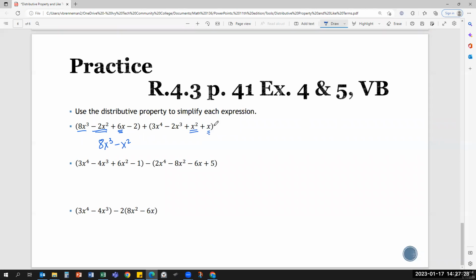And I lied back there, there is another x cubed. That would be 7x. Minus 2 certainly has no like terms. The 3x to the fourth has no like terms, but we do have that minus 2x cubed. So it's actually going to be 8 minus 2 is 6.